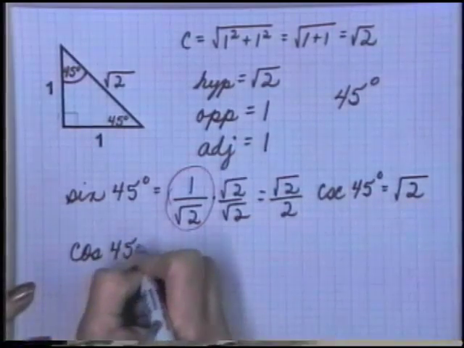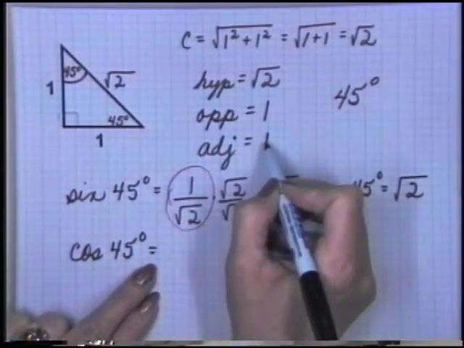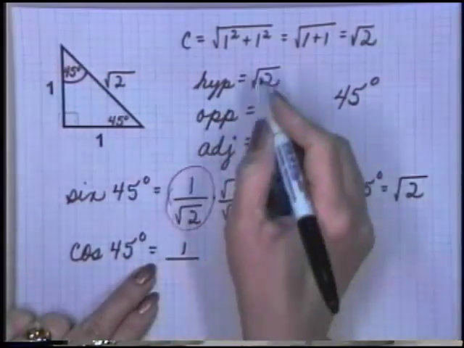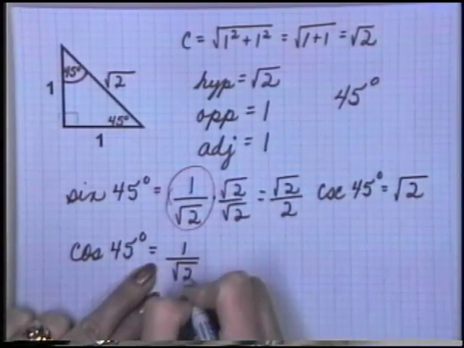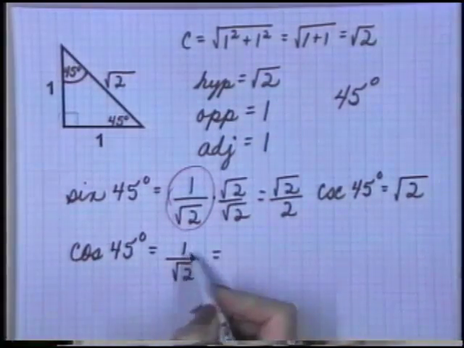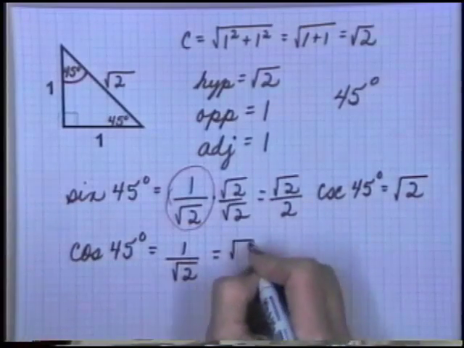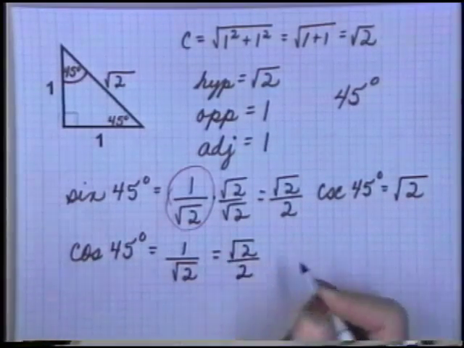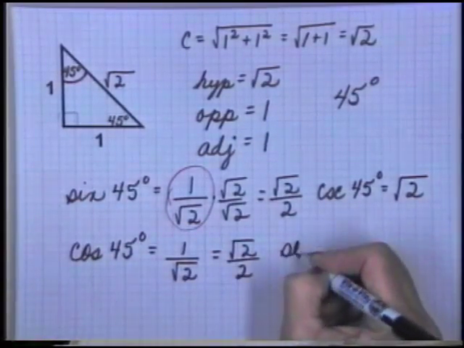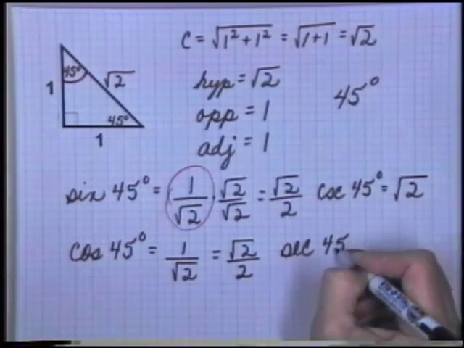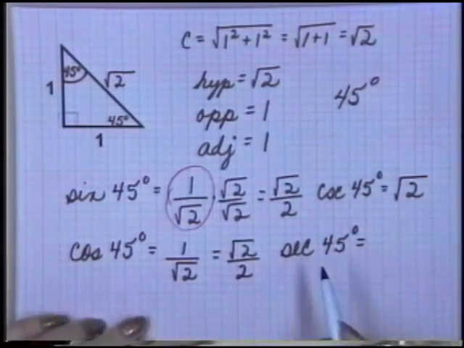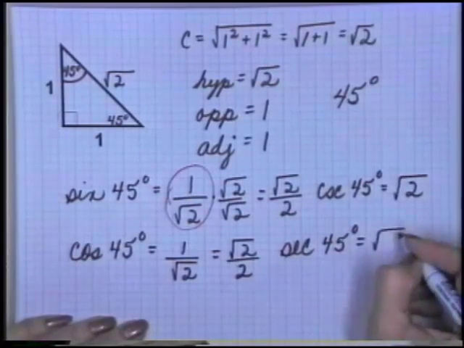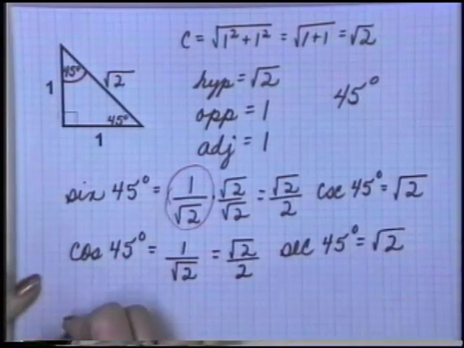For the cosine of 45 degrees, we'll take the adjacent, which is 1, we'll divide it by the hypotenuse, and obviously that's the same thing as the sine, isn't it? And so its reciprocal will be the same thing as the cosecant.